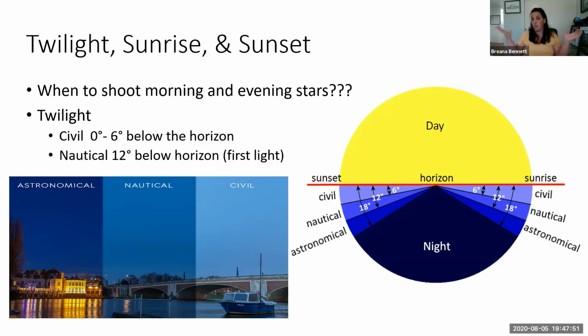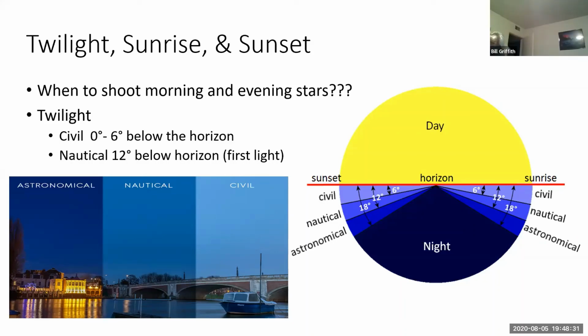So you get to shoot those easterly stars first, probably in the nautical twilight, and then in the civil twilight, where you have a clearer horizon and you still have the stars, that might be in the west. So when you're planning which stars to shoot, if you're just looking in the west, you finally get that star, and then you have no horizon or no stars in the east to look at. So that goes with planning about where the horizon and the stars are all going to be.